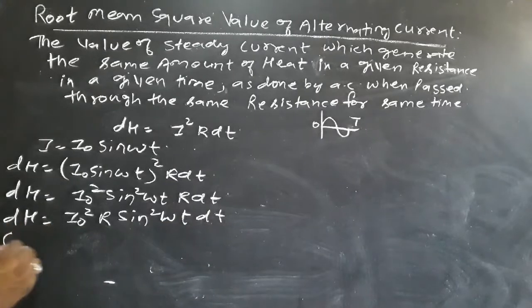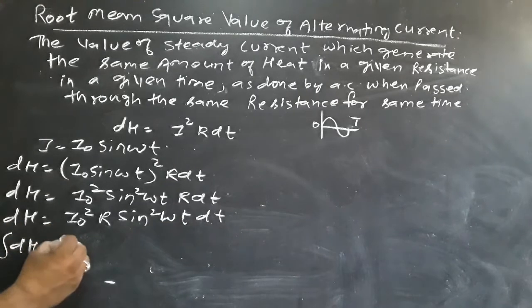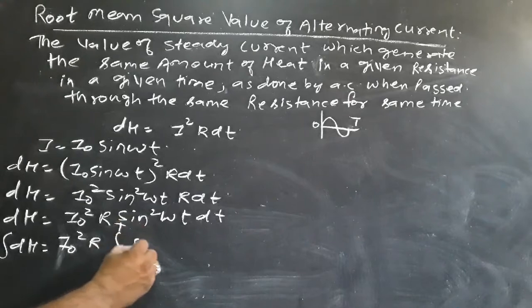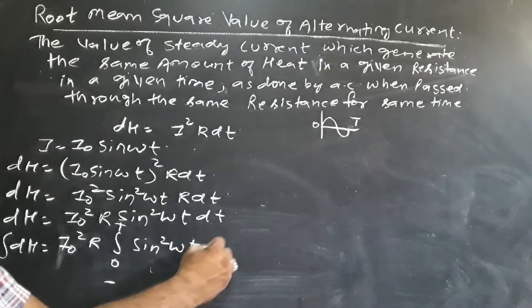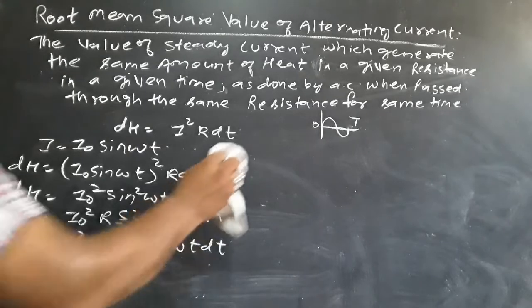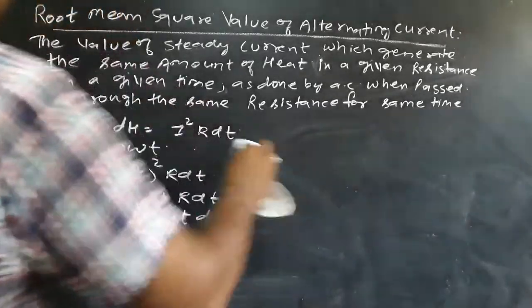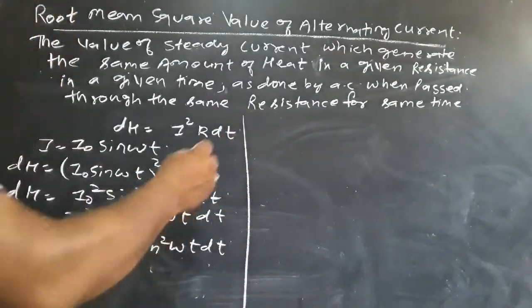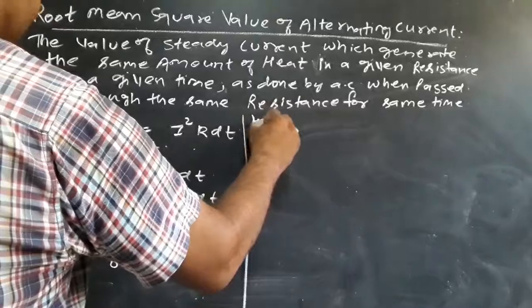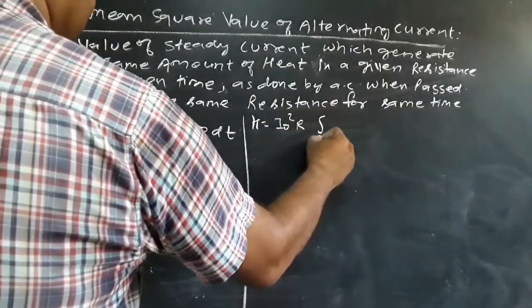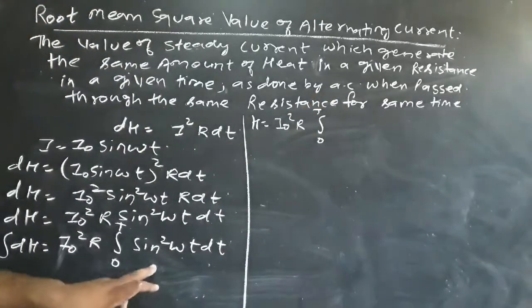Now integrate sin square omega t for the cycle 0 to T. H is equal to I naught square R, 0 to T, sin square omega t.